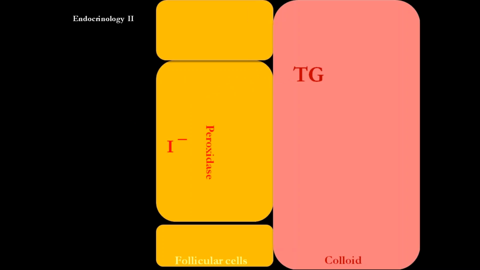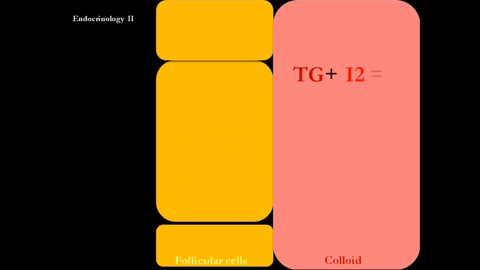We are going to have the elemental iodide. It is going to mix with the peroxidase, that is H2O2, and lead to the elemental molecule of iodine, that is I2. So the iodine is going to enter the colloid.